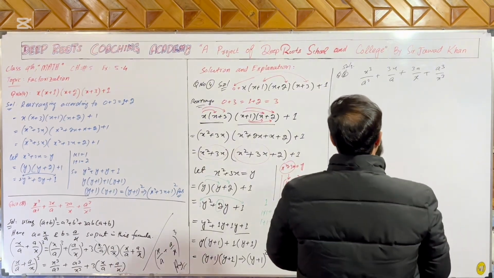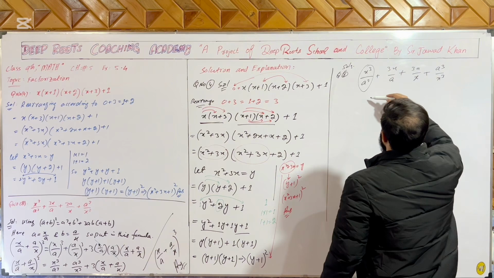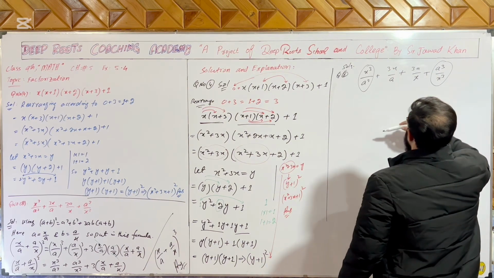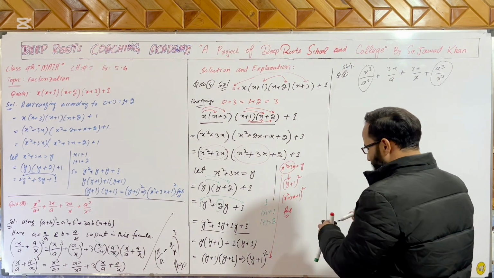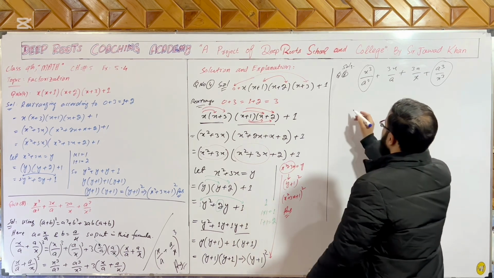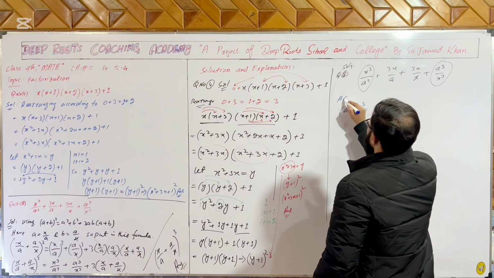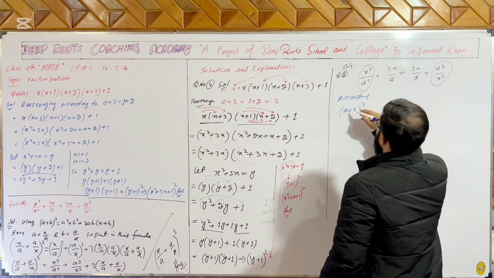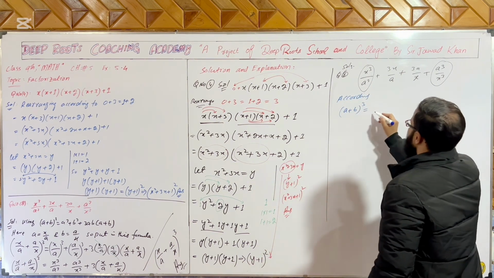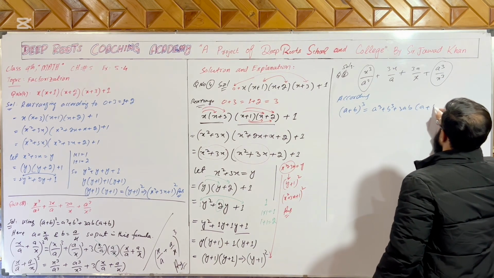So here if you look, we have x cube, a cube, x cube. So if I use the formula a plus b whole cube, you can solve this question very easily. a cube plus b cube plus 3ab into a plus b.